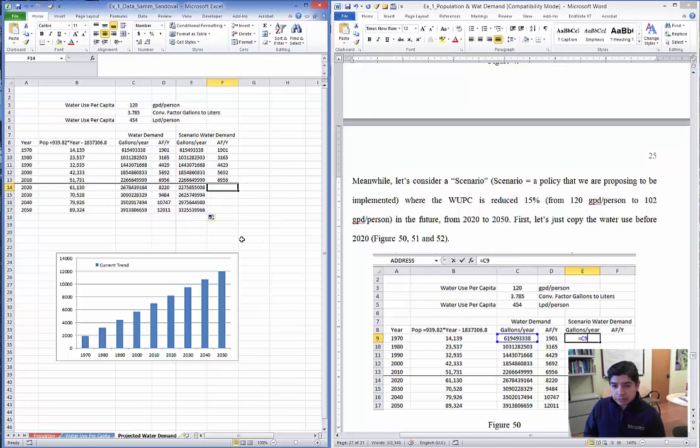In this case, in order to obtain this volume in acre-feet per year, we're just going to take this volume divided by the conversion factor, which is 325.851.